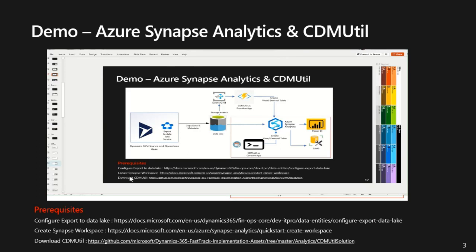You have also downloaded the CDM utility, which will help create the views and external tables on the data lake. There are two options to use the CDM utility, one as a console application, another as a function app. The CDM utility is available on GitHub under Dynamics 365 Fast Track Implementation Assets, under the CDM util solution folder.